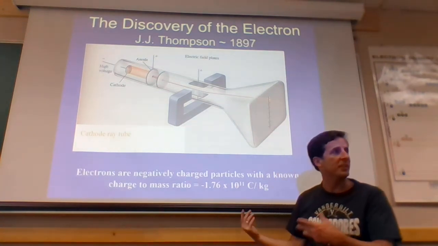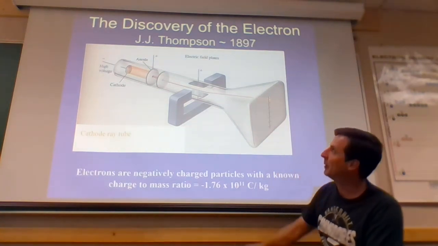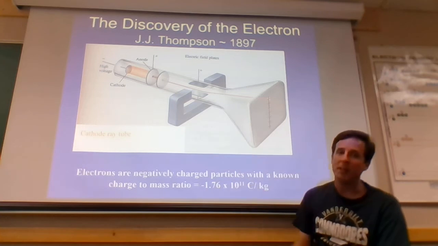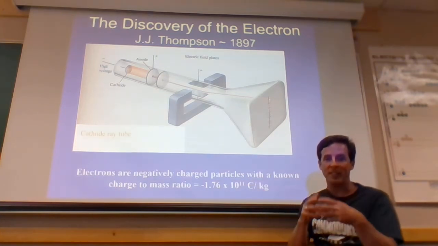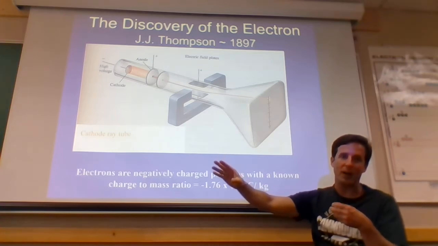So, Thompson's cathode ray, basically he applied a voltage to a sample, it made electrons fly out, so that was the first time that we actually had a sample where particles just spontaneously flew out.